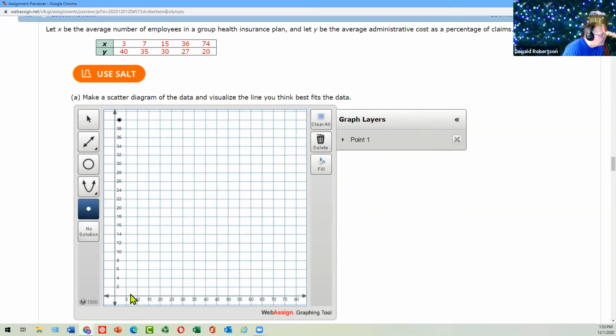Then the next number is 735, which is about there or lower. Can I move that a little bit? There we go. 1530. 3627.